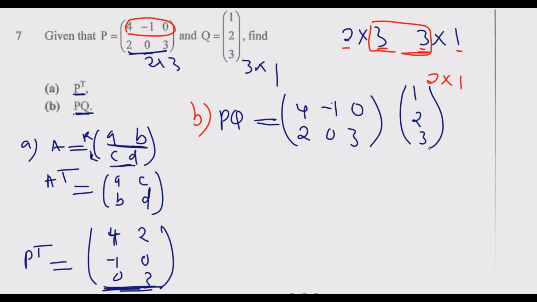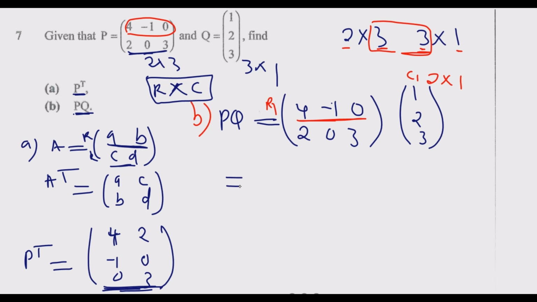Now remember, you multiply the row by the column. That's what you do when you're multiplying matrices. So the first row you multiply by this column. You pair the elements when you're multiplying.